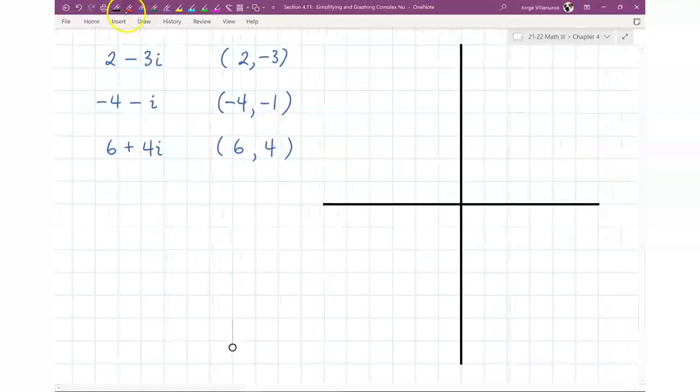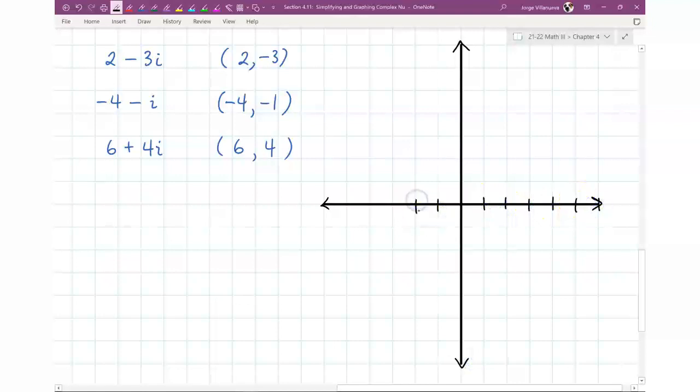So I've got to make sure I have all these. And guys, this is no different than any other graph that you've done.